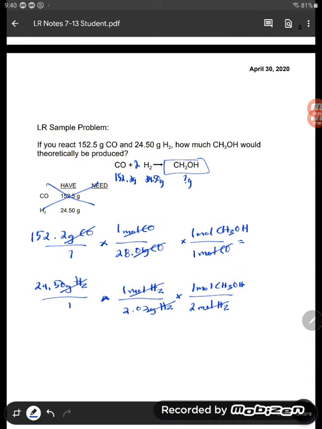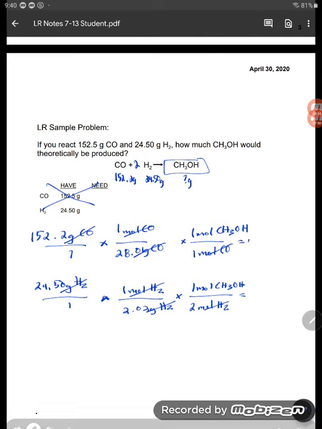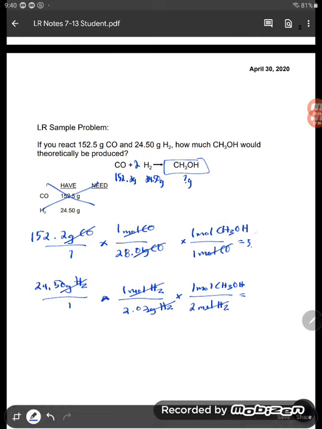So before, I could not compare the two numbers. They were different. I had grams of CO and grams of H2, so they aren't the same. But now, as I enter these into my calculator, I am going to end up with a mole value, specifically 5 point.